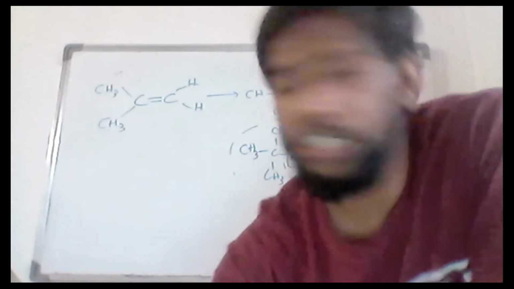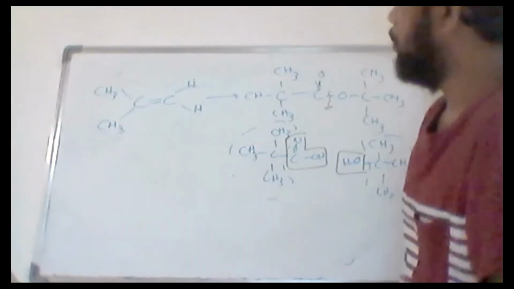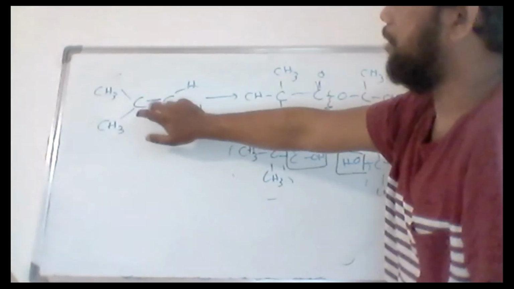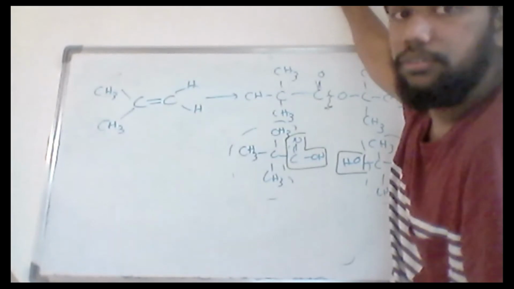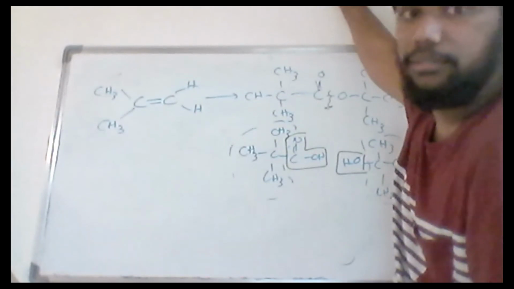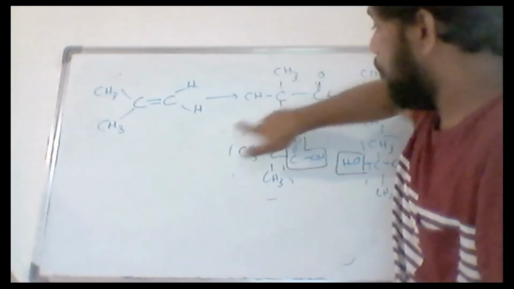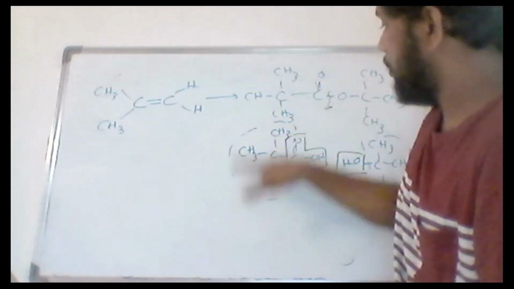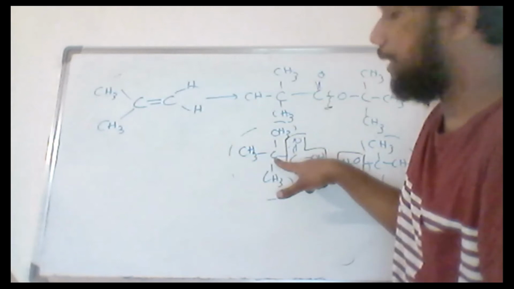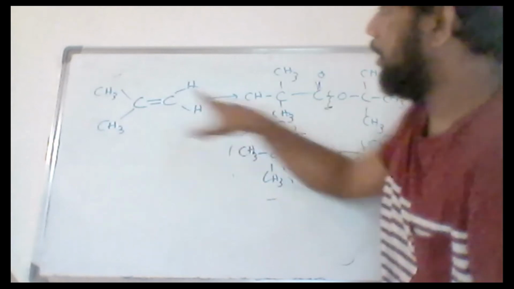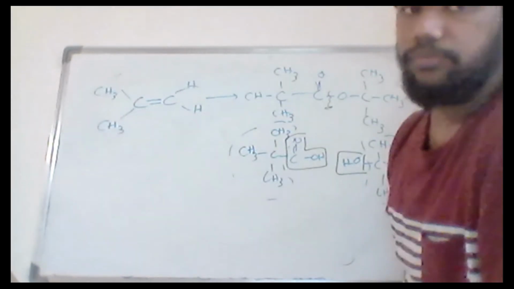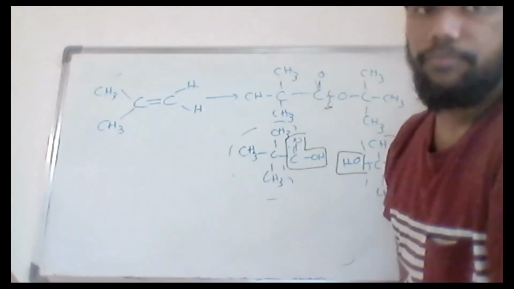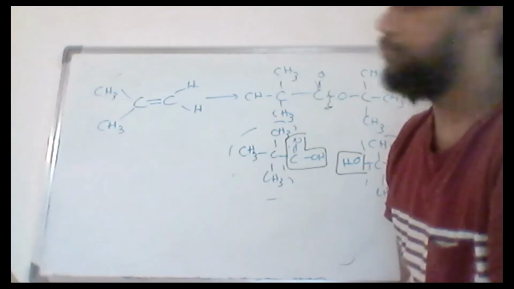So the first thing is to make a Grignard from this compound, where you need to understand this group should be formed because there is a tertiary carbon here. Can you see a tertiary carbon? Can you see a tertiary carbon?